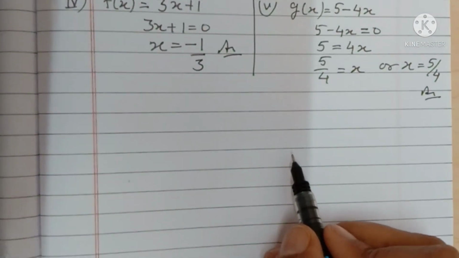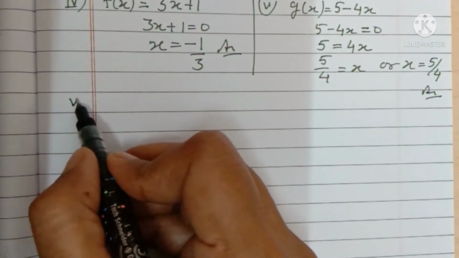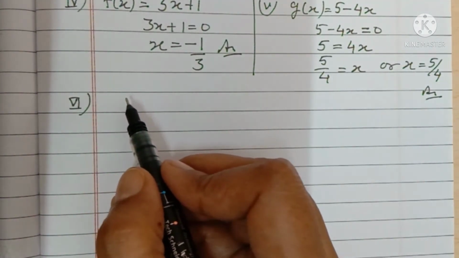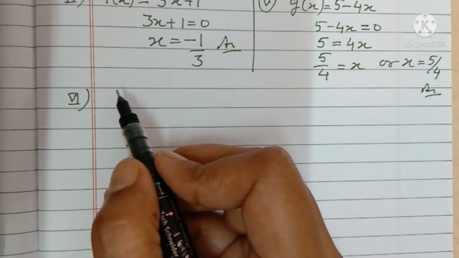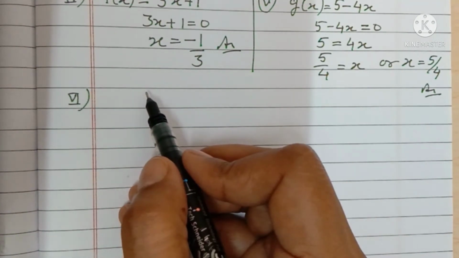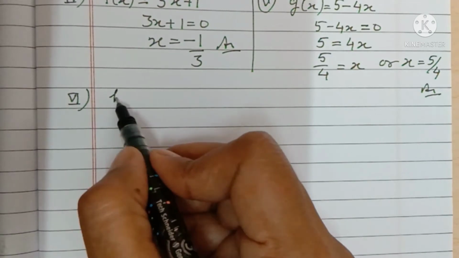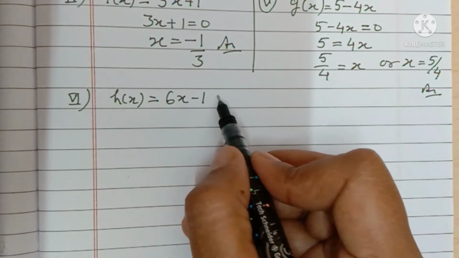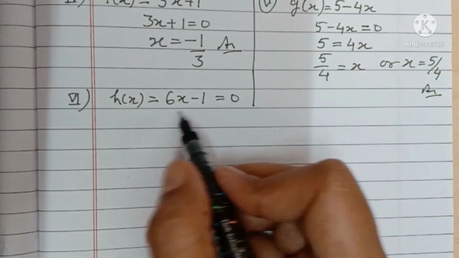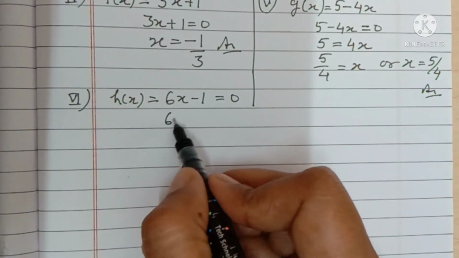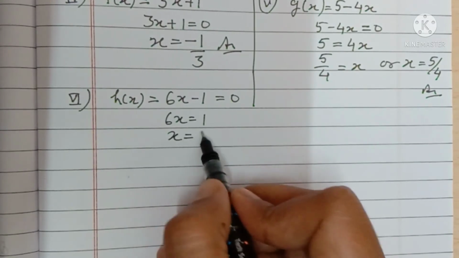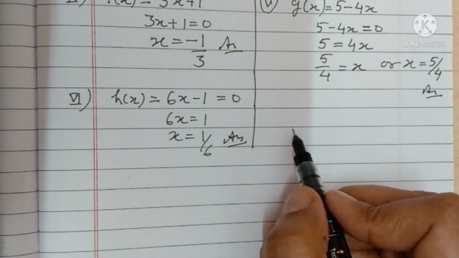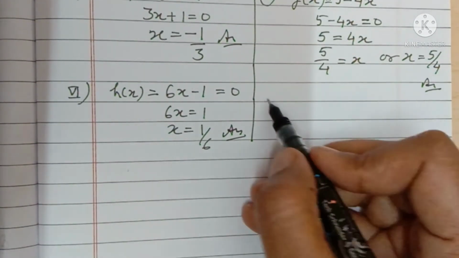The next one is part 6. Part 6 is hx is equal to 6x minus 1. Hx is equal to 6x minus 1 equal to 0. Write down, and so that you will get 6x is equal to 1 and x is equal to 1 upon 6. Very easy. Now 7th part.